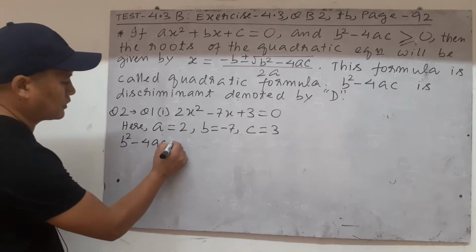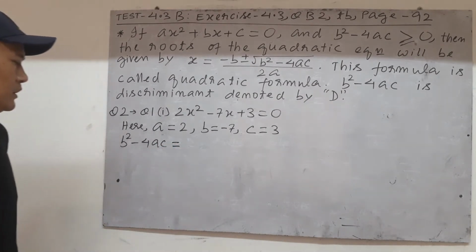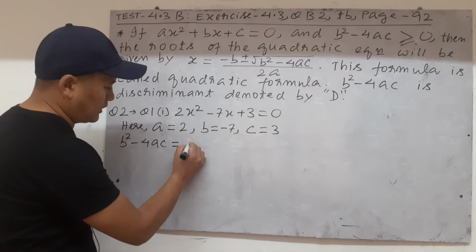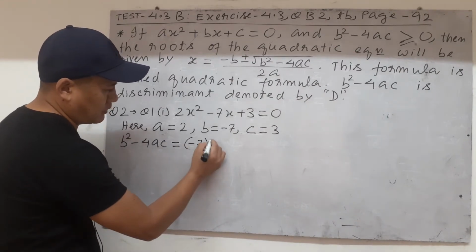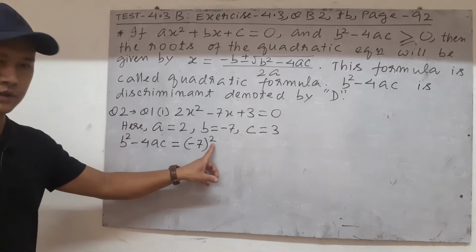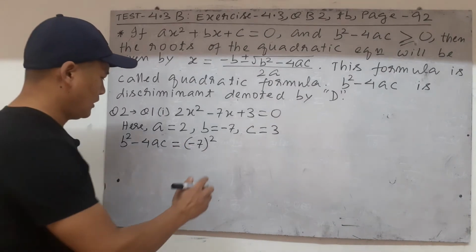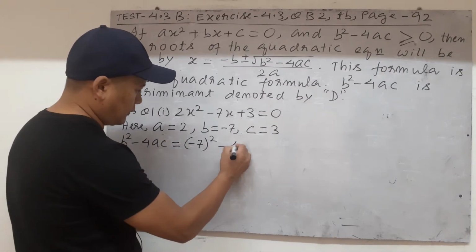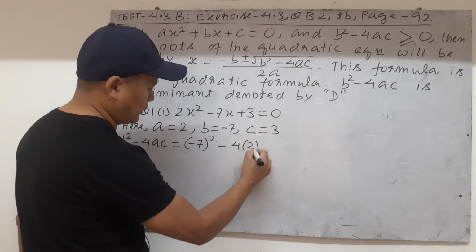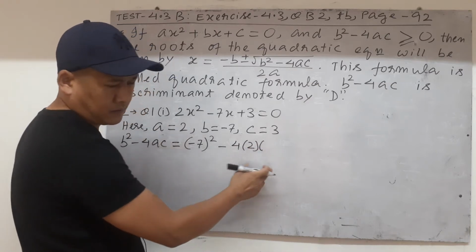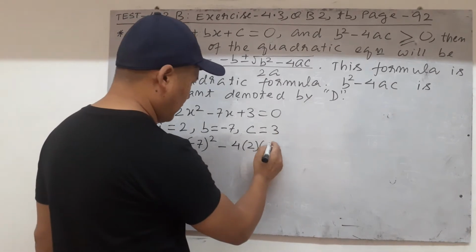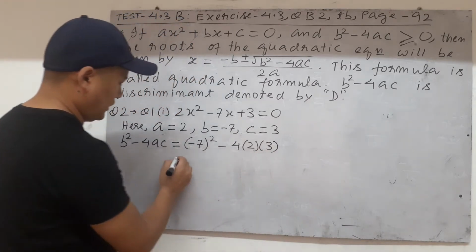So b squared minus 4ac here is nothing but b, as you can see, is minus 7, so put it in a bracket. That is essential because the power 2 belongs to minus also. Then minus 4 into a, plus 2, into c, plus 3.